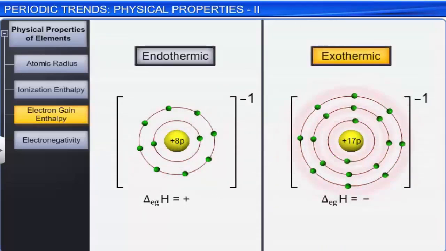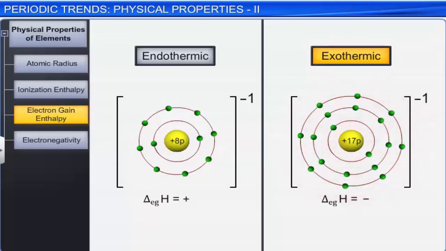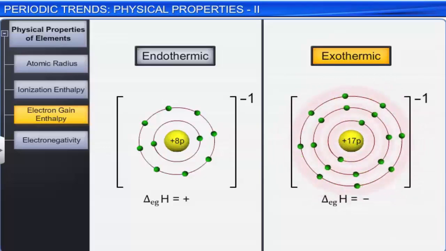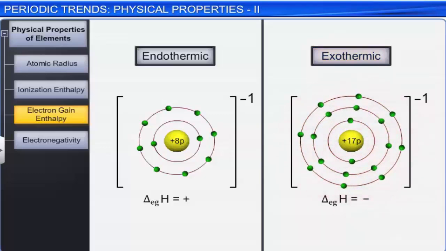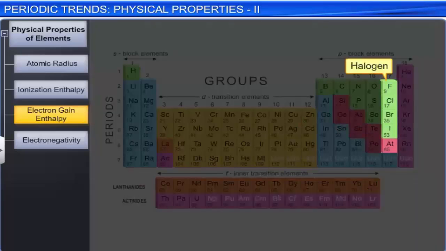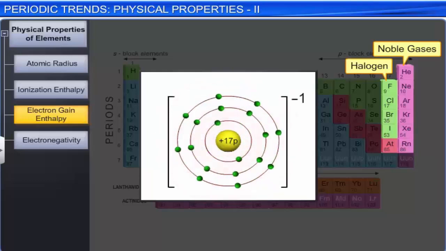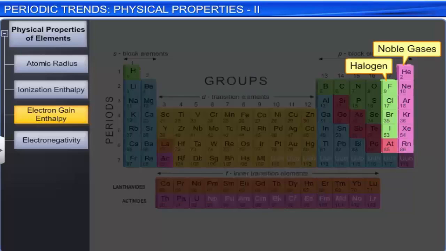It is exothermic when an element reaches a more stable state by the addition of an electron. For example, halogens attain a stable noble gas electronic configuration after gaining an electron. Hence, they have very high negative electron gain enthalpy values.